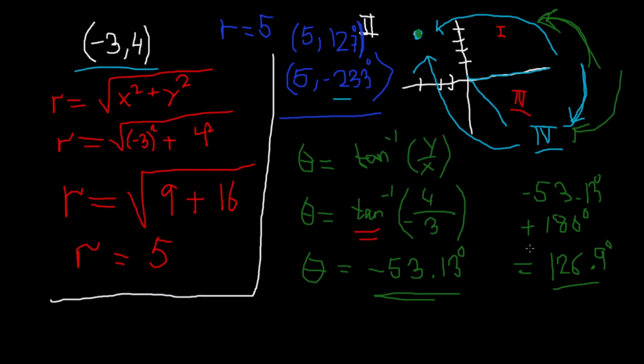So you have to either add 180 degrees or subtract 180 degrees to find the real theta value, the accurate value of this coordinate. Let's look at another example so that you can get a hang of how to convert rectangular to polar. I know it might be a bit confusing how theta works, but we will see.